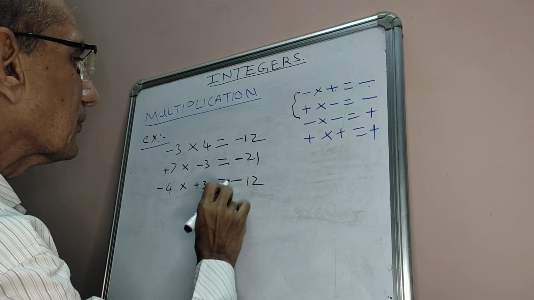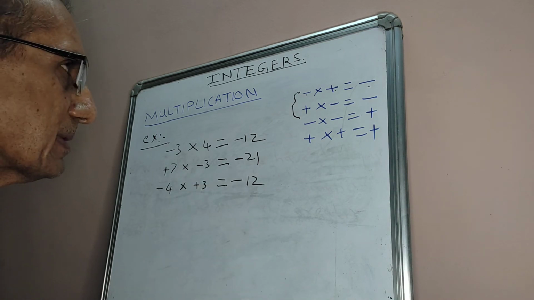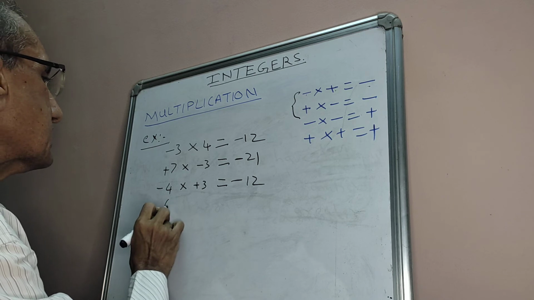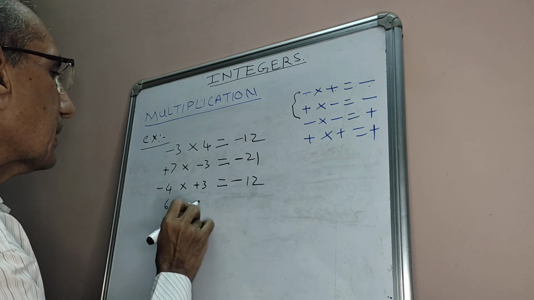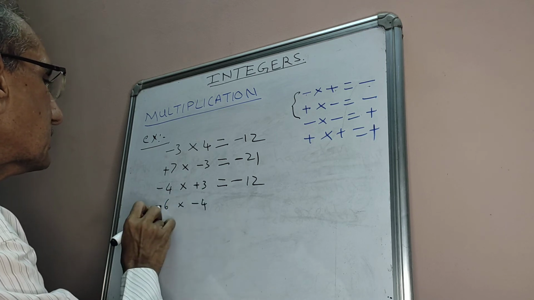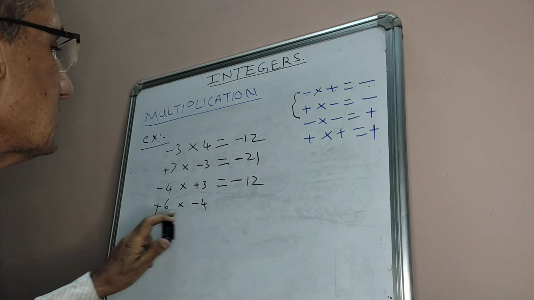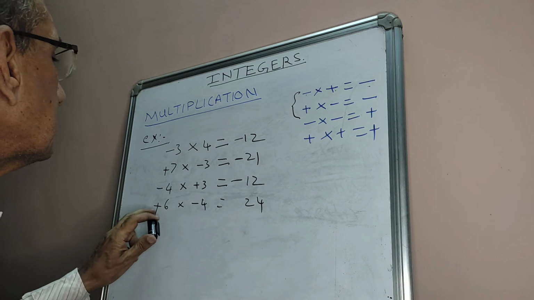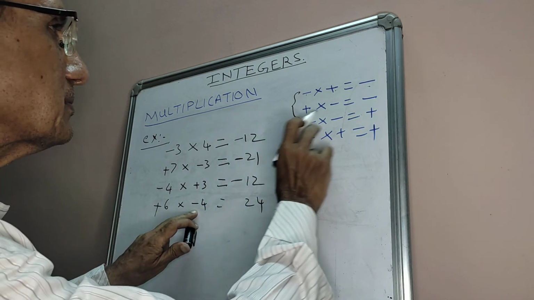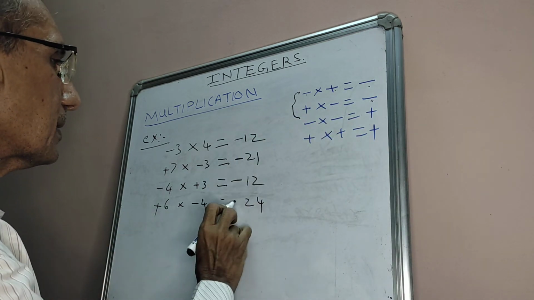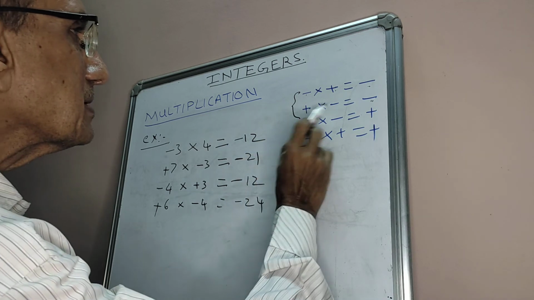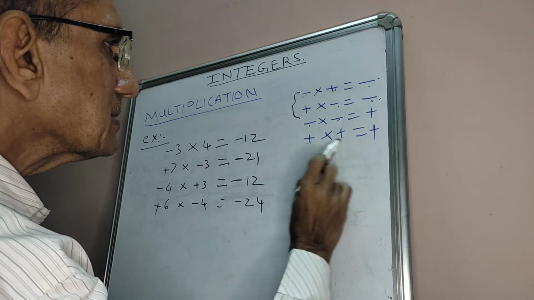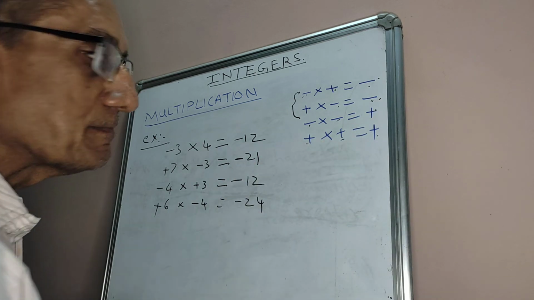So it will be minus 12. Similarly, 6 into minus 4: this will be plus 6. 6 fours are 24, but plus into minus is minus. So when two numbers have different signs, we get the minus sign. When two numbers have the same sign, we get the plus sign.